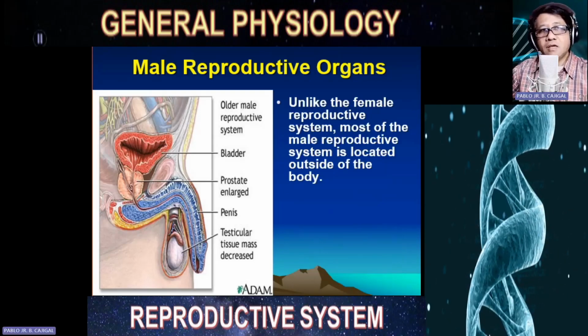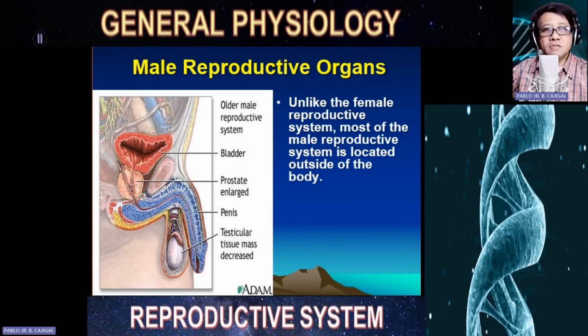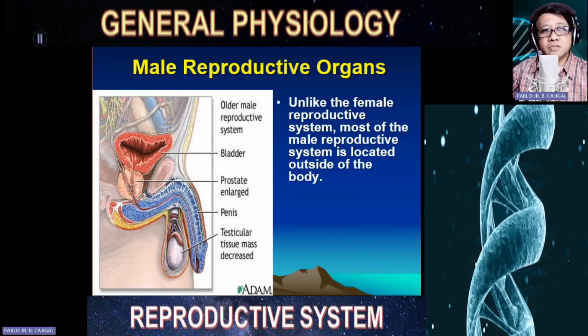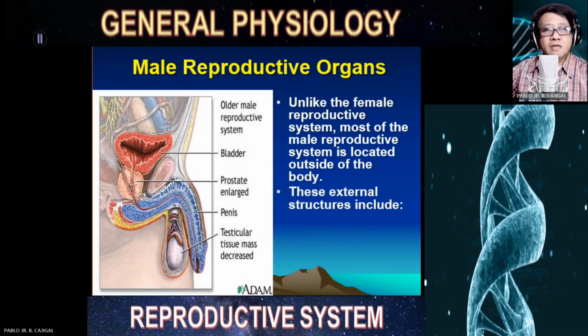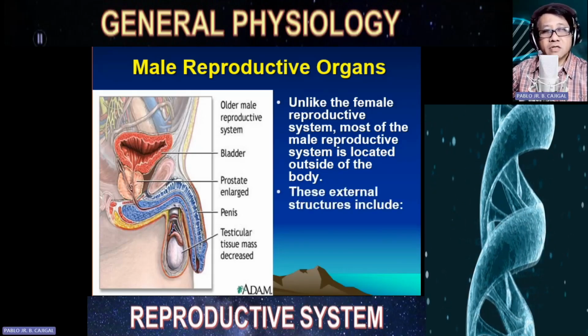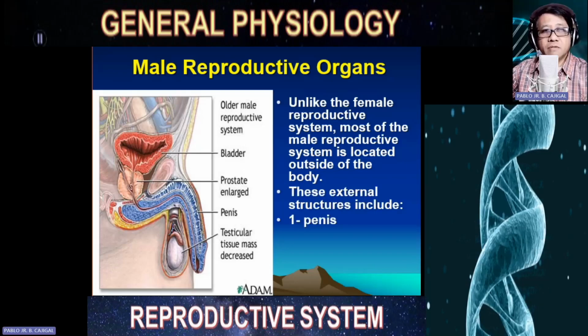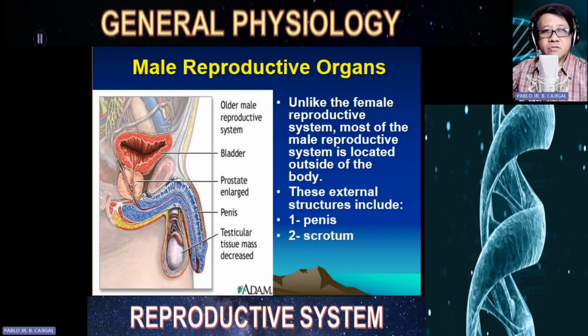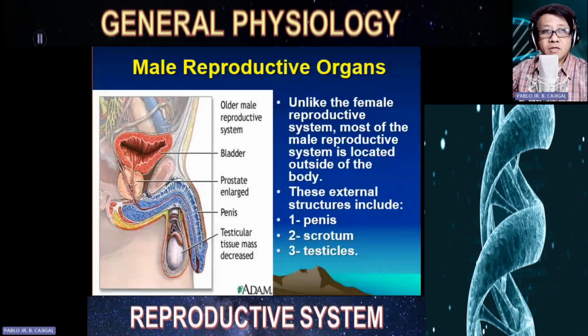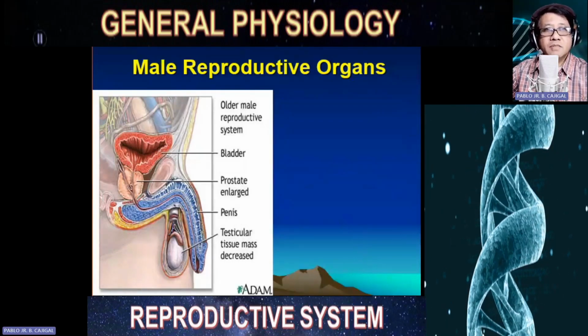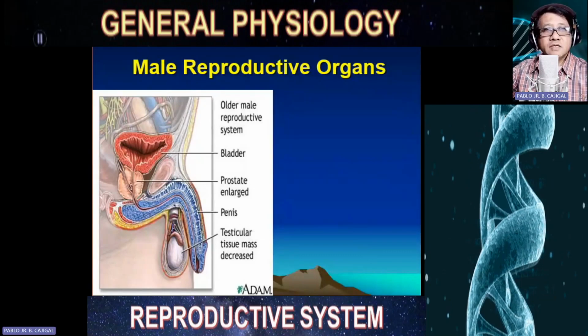Unlike the female reproductive system, most of the male reproductive system is located outside of the body. These external structures include the following: number one, the penis. Number two, we have the scrotum, and the testicles. Those are the external structures in the male. First, let's take the penis.